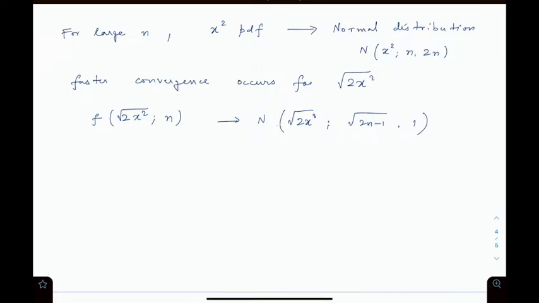And this approximation works for n greater than 30 or something.